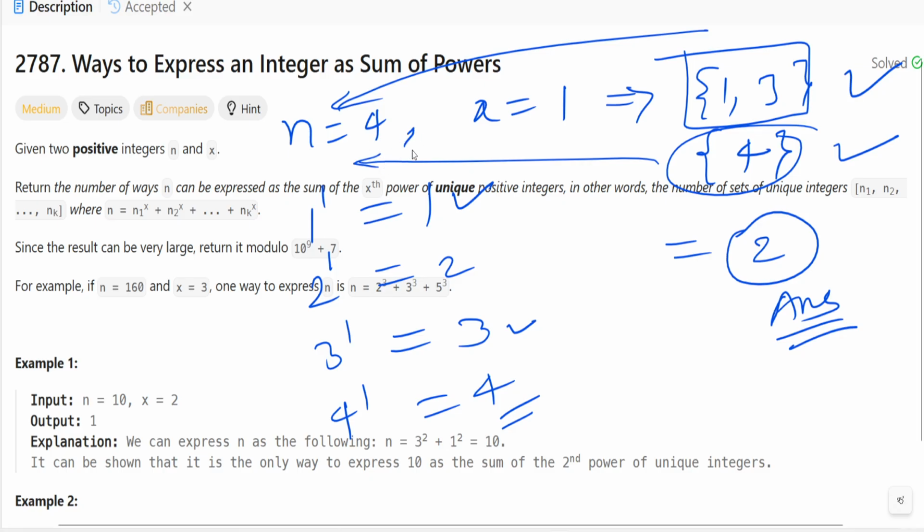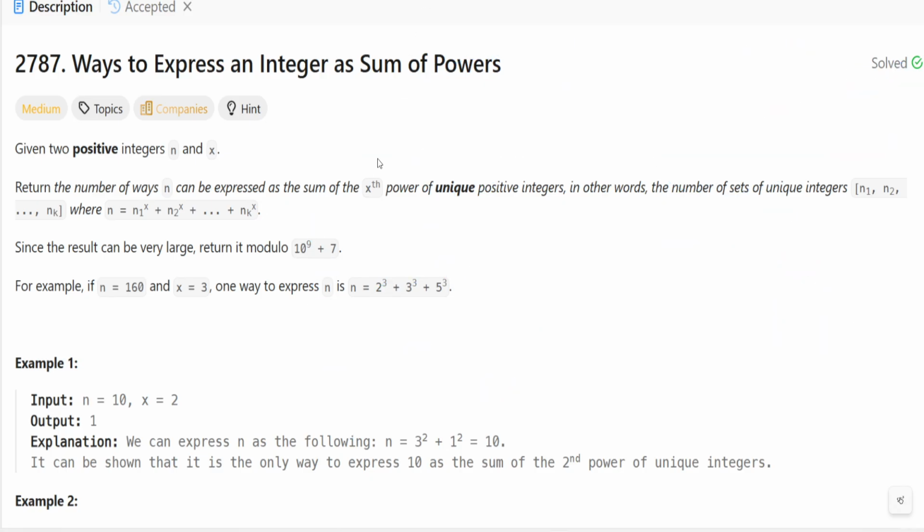Now think about the approach. The question is asking for the number of ways. If we apply brute force, this will become worse. To compute this, we should use some movement, so we can either go recursive or use DFS.